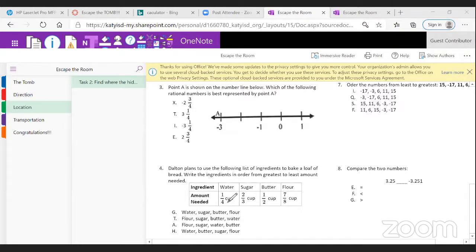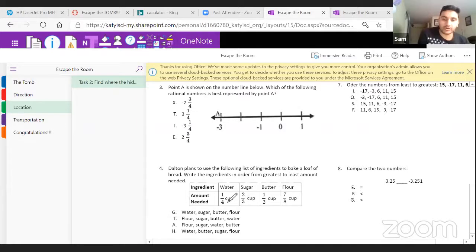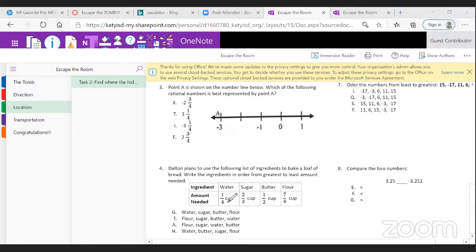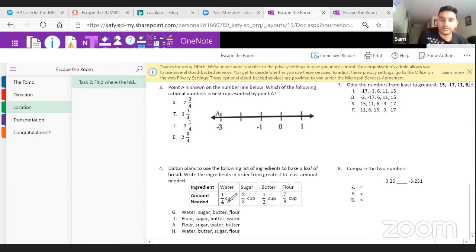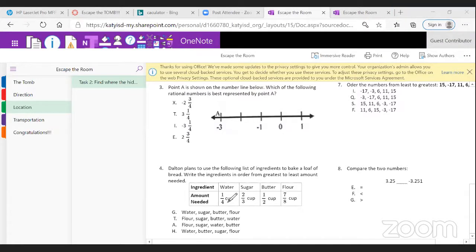Yes. Then we have 1/2, that's a half. That's 0.5. Yes. Then you do 7/8. Let's see what the number is going to be. Hold on.